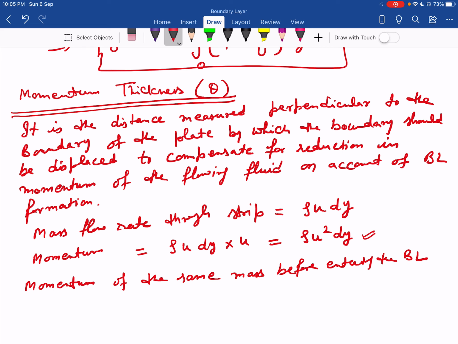Before entering the boundary layer, the velocity of that layer is the same as capital U, other than small u. So that momentum I can write here: the mass into capital U, which is the velocity. So this comes out to be rho small u into capital U dy.